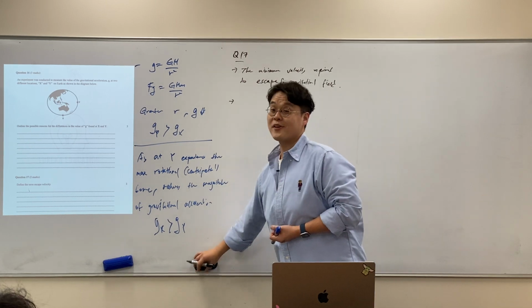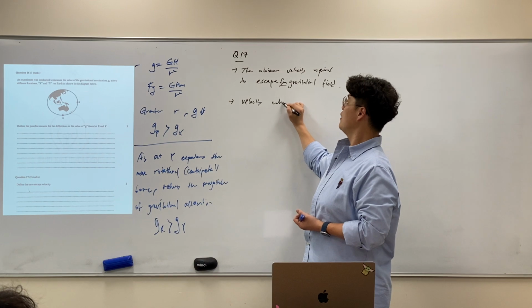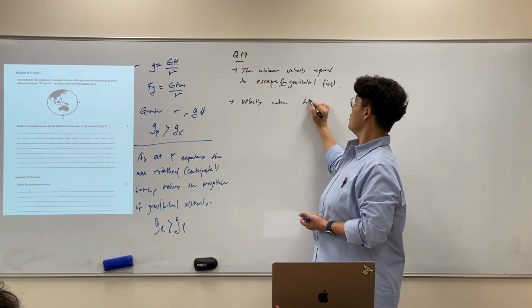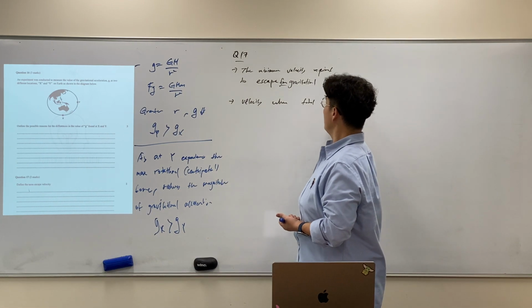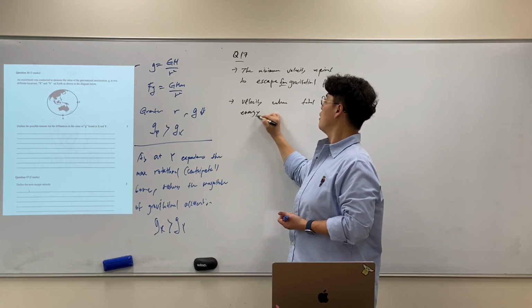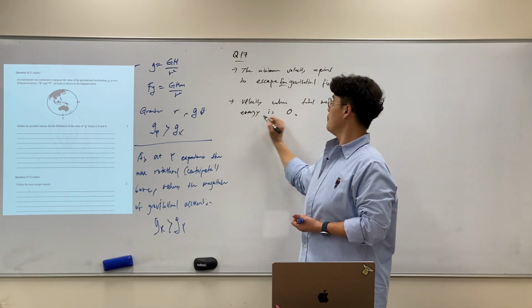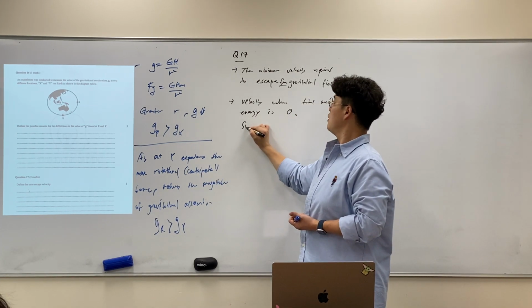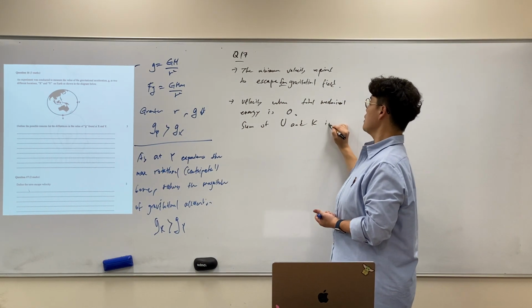I'll make it really simple here. It is the velocity when the total mechanical energy is 0. In other words, the sum of the U and K is 0.